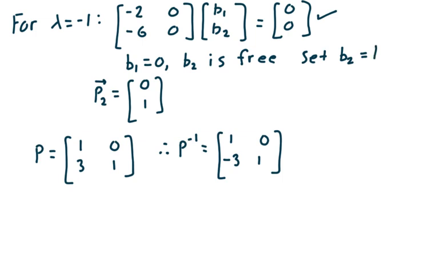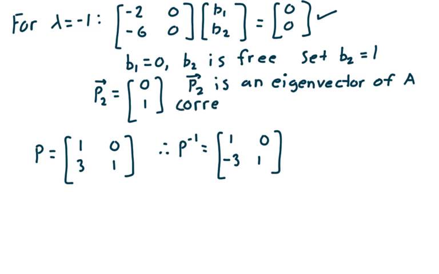And so P2 is the column vector 0, 1. And remember, P2 is an eigenvector of A corresponding to lambda equal negative 1.